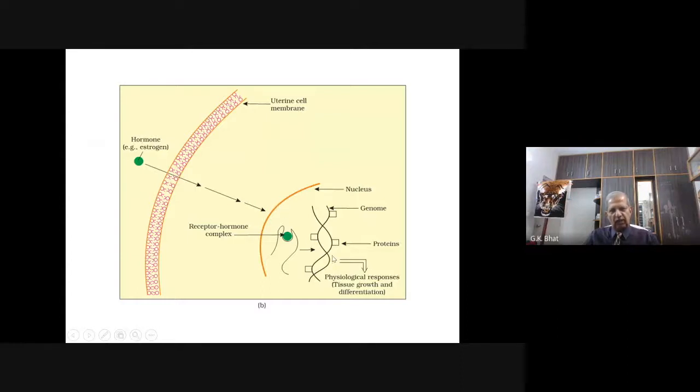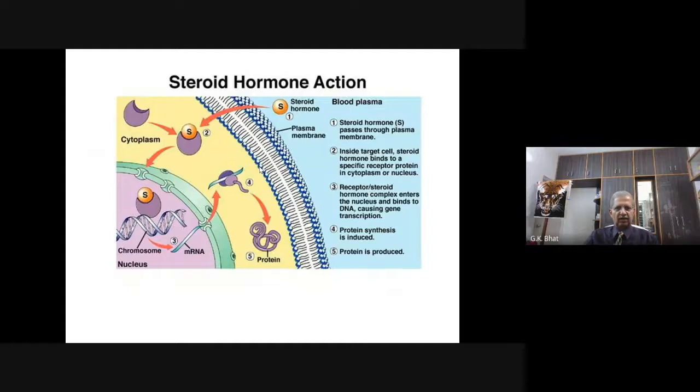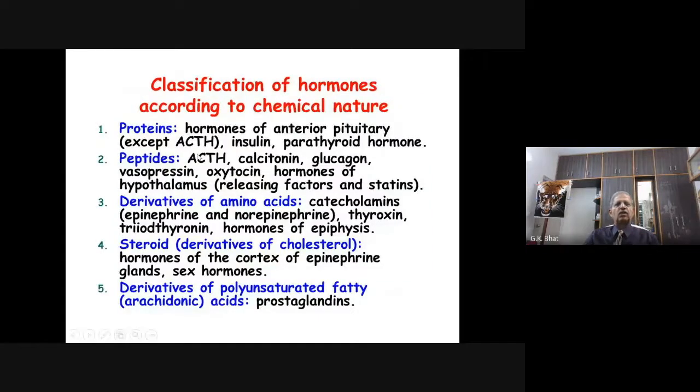They come inside, and this results in what I have told you, transcription and translation, and later the products come out and initiate protein synthesis. That is what you observe in hormones which have intracellular receptors, right? So this is what you should know.